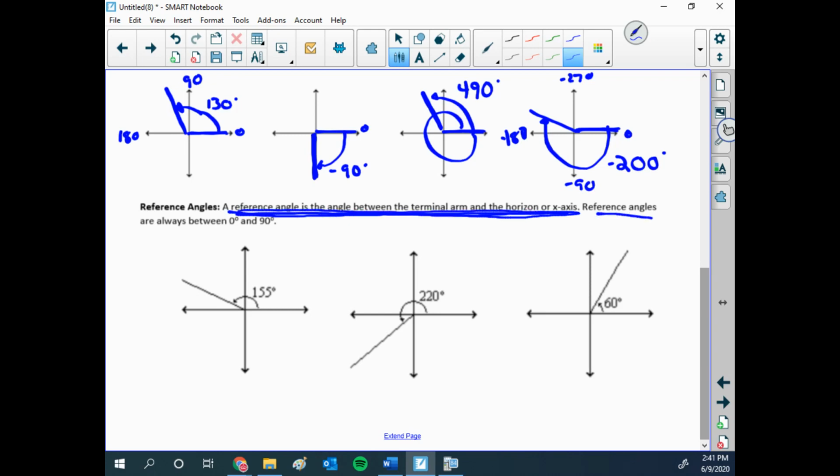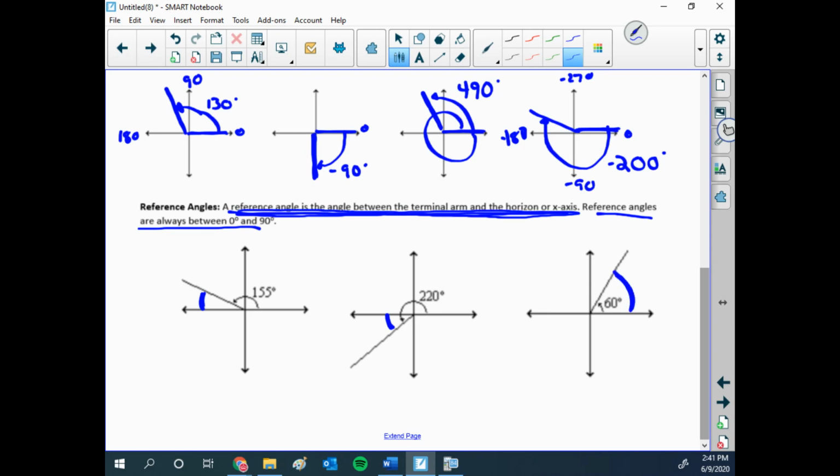Reference angles are always going to be between 0 and 90 degrees. Where are the reference angles for each of these terminal arms? It's between the horizontal and the terminal arm. This right here would be my reference angle, this right here, and this right here.